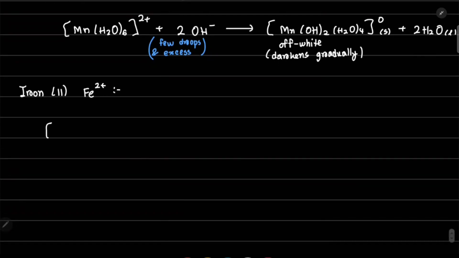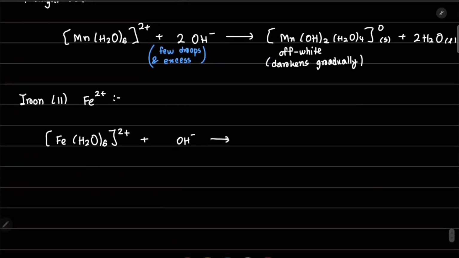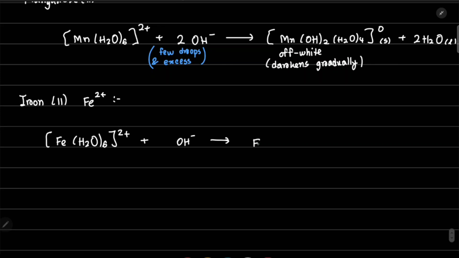In case of iron 2, we have Fe(H2O)6 2+. This will react with OH minus, giving us Fe(OH)2(H2O)4. The charge is 0.